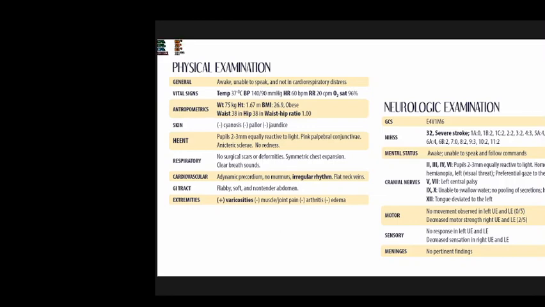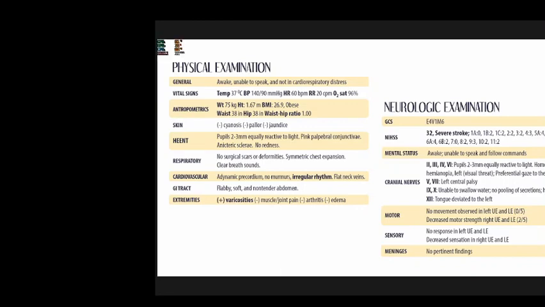You can start with 0.5 to 1, so that when the edema progresses, you can still increase it to 1.5. So 0.5 times 75 is 37.5 po.